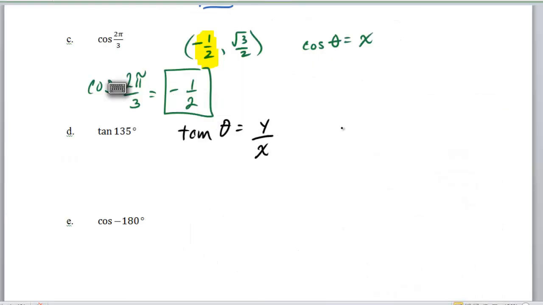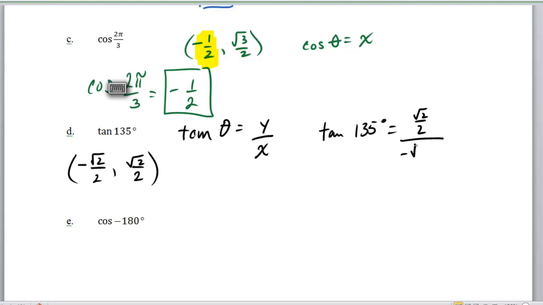And so what we'll have here is the given x and y, and we know that the tangent is equal to the y over the x, which is going to give us the tangent of 135 degrees is equal to the square root of 2 over 2 divided by negative square root of 2 over 2.